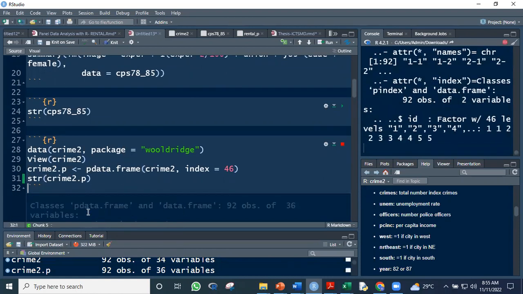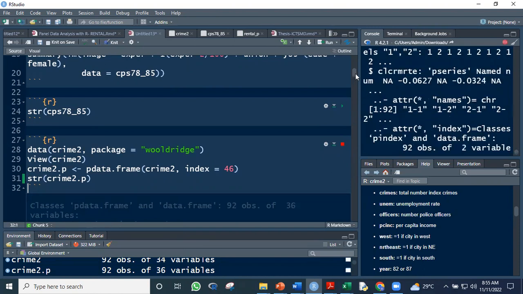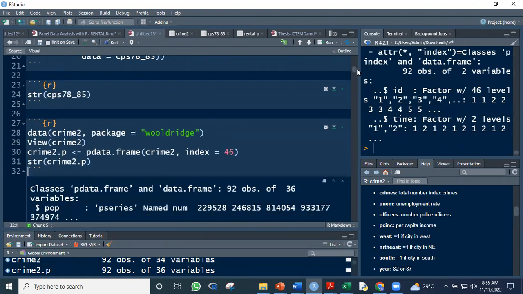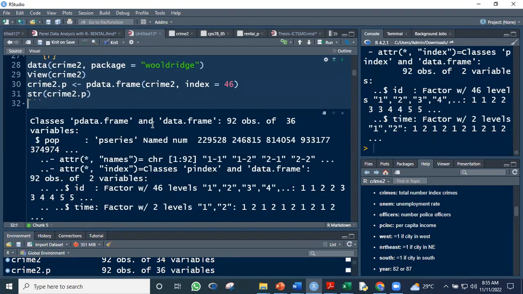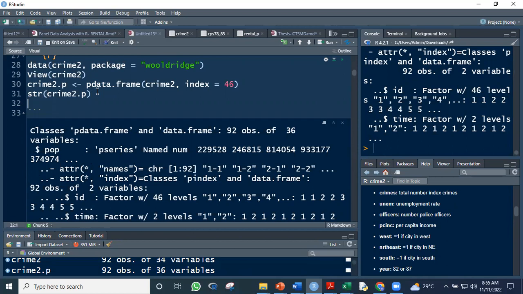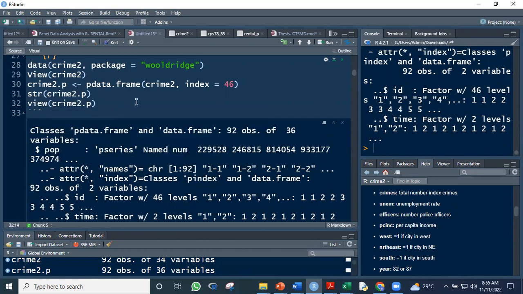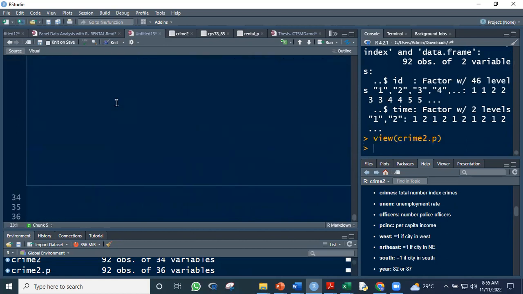All right. Okay, now you can see that si crime2, ano na siya? Panel data frame na siya, no? See here? And if we i-view natin si crime2.p, view natin siya.